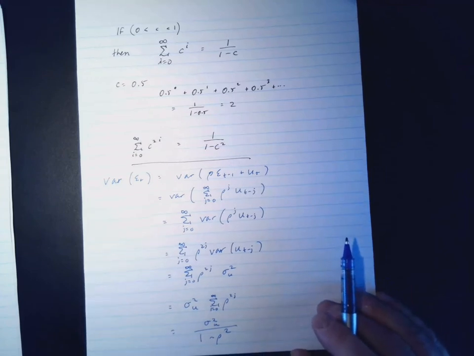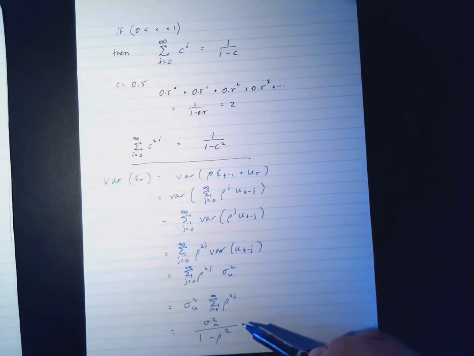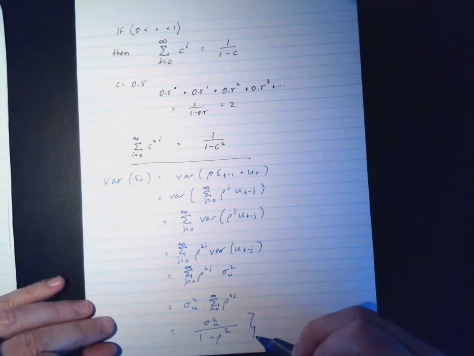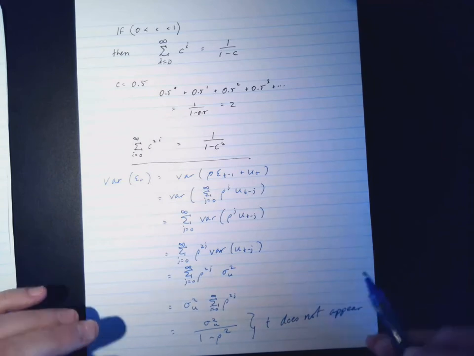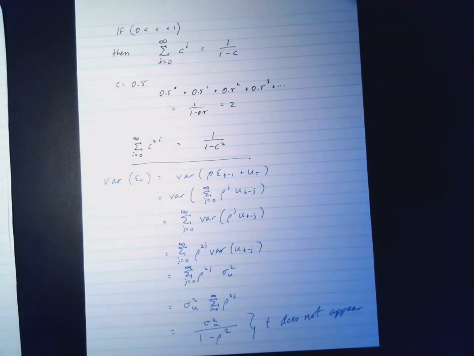And so this works out to be a nice simple formula. You'll notice that t does not appear in this expression. What does that mean? It means the variance doesn't change over the sample, which means that it's a homoscedastic error.